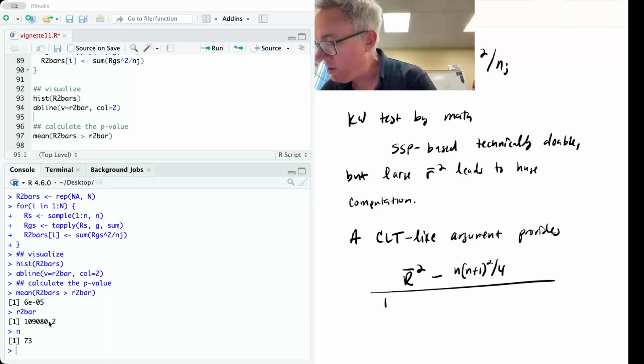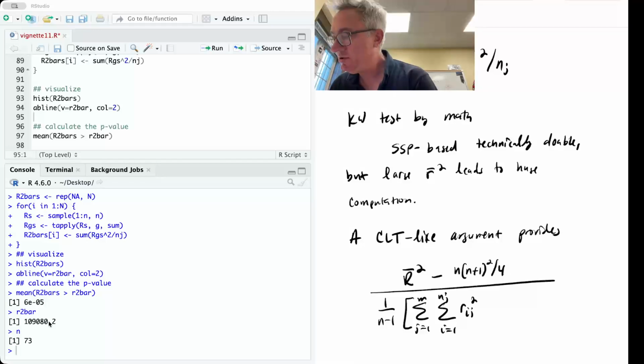So you're going to have 1 over n minus 1 times the sum. It's going to be a double sum, so j equals 1 up to m, and i equals 1 up to nj, rij squared. So I'm summing up the squares of all the ranks, and then centering it.